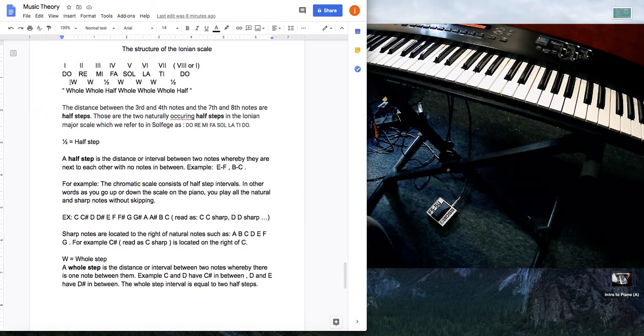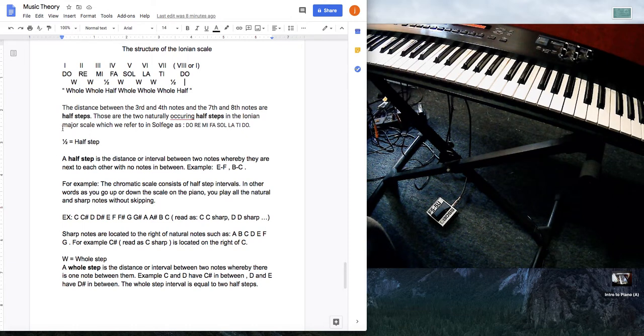So if you notice, between Do, Re, Mi, here on top you'll see the numerals 1, 2, 3, 4, 5, 6, 7, back to 1 or 8, right? You'll see that between the third and the fourth, and between the seventh and the eighth, eighth being one, that's where your half step occurs.